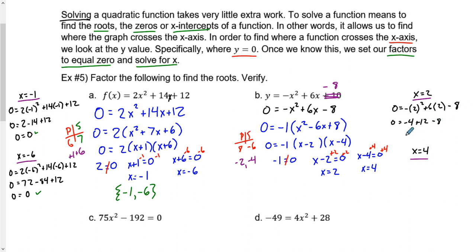And -4 add 12, subtract 8, absolutely is 0. Yeah, that one's definitely good. Okay, that's for your check mark. We do the same thing on this one. Plug our 4 in.